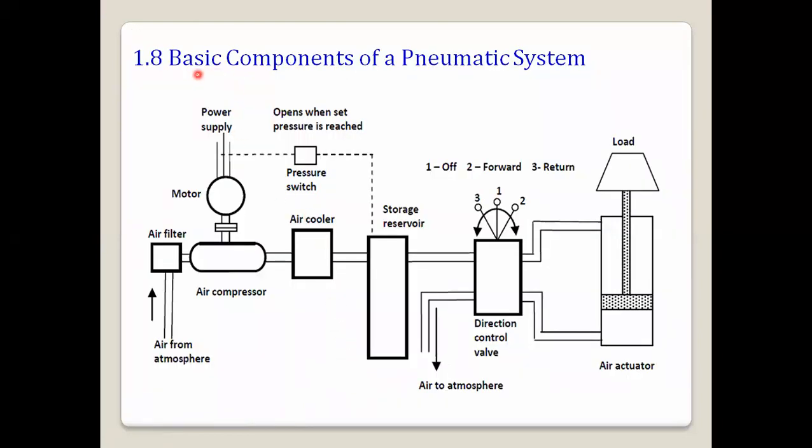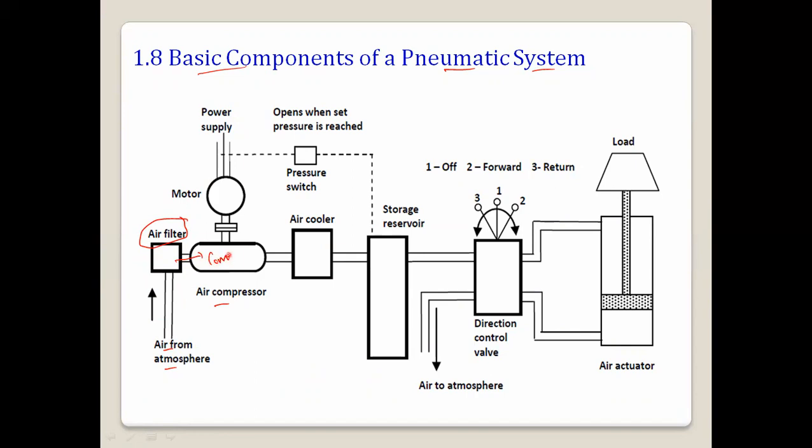So next we will study the components of a pneumatic system. In the pneumatic system, what happens? Since you have seen that the hydraulic system is a closed one, here in pneumatic, air from the atmosphere comes to the air filter. From the air filter, the air compressor is used. What does the air compressor do?